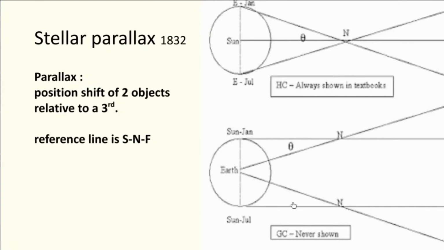The same would be true down here. When the sun is in the July position, the angle is theta, and that's the same as it is up here. So what am I saying? I'm saying that the geocentric model predicts the same angle of parallax as the heliocentric.